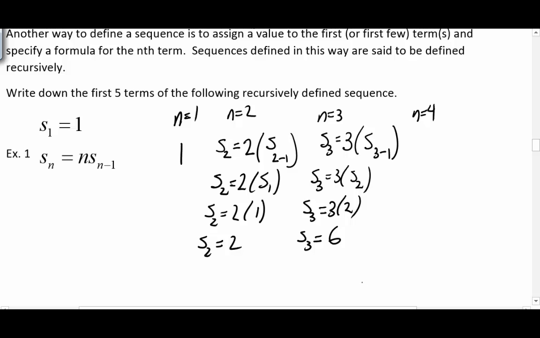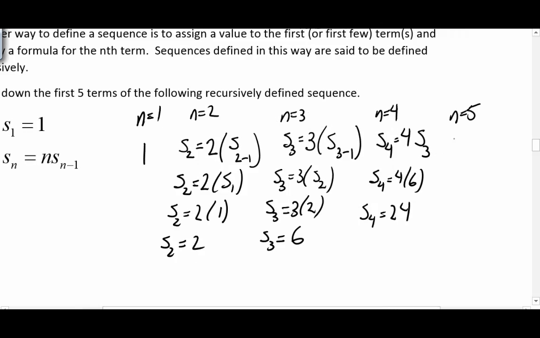Okay, so the fourth number. So n is 4 in this case. We're going to speed this up a little bit. The fourth number would be 4 times the third number, and the third number was 6. So that means the fourth number is 24.